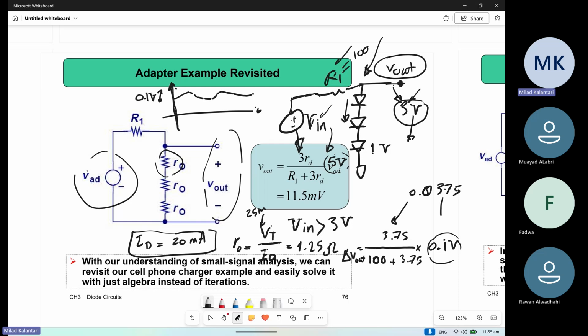This scaling factor means that if you have this much variation at the input, the output only changes this much times 0.1 volt. The output variation would be 0.000375. That's why we call this circuit a voltage regulator, because it is regulating the output voltage. It is reducing the variation of the output voltage relative to the input voltage. The input voltage is varying, let's say, 0.1 volt, but the output voltage is just varying 3 millivolts, right?